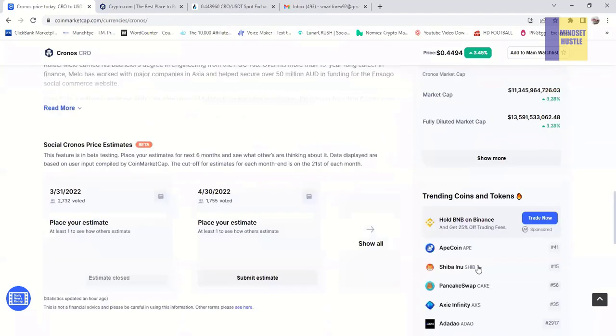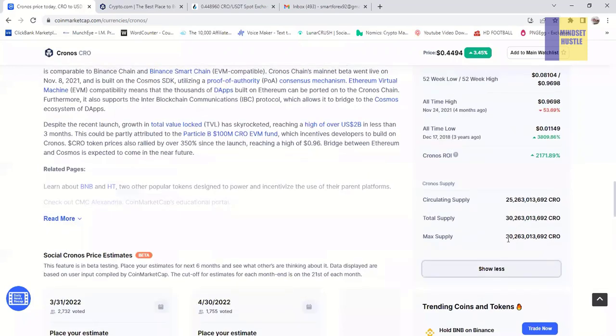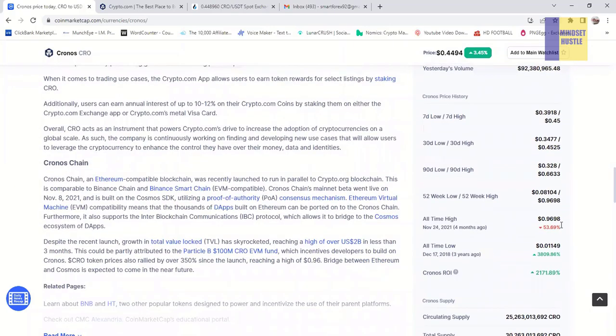So we can go back to the overview, and then we can check the supply. The most important things I check are the circulating supply, the total supply, and the maximum supply. Now this coin, its all-time high was approximately $1, let me put it like that.